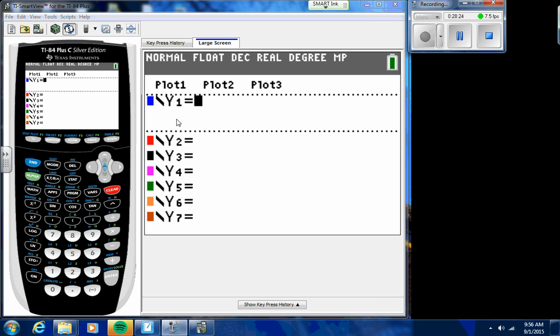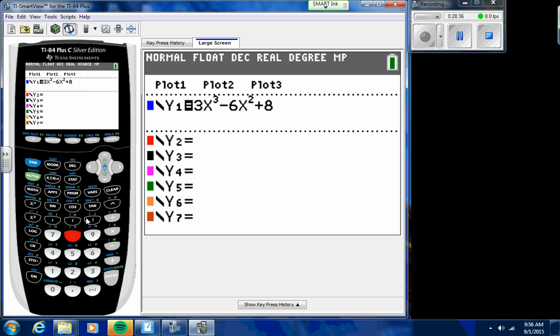So we're graphing the function 3x cubed minus 6x squared plus 8. Three x cubed minus 6x squared plus 8. And if you do zoom 6, it'll just put it on a standard viewing window.